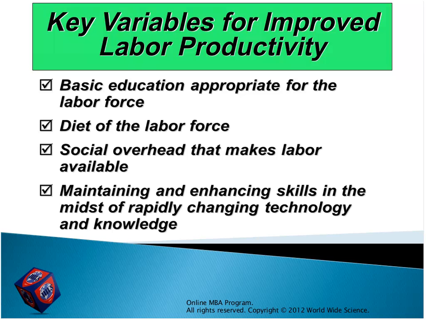Social overhead that makes labor available. For example, in some countries such as China and India, there is social overhead because the number of young people, the generation of youth, is very high. They have their social overhead.